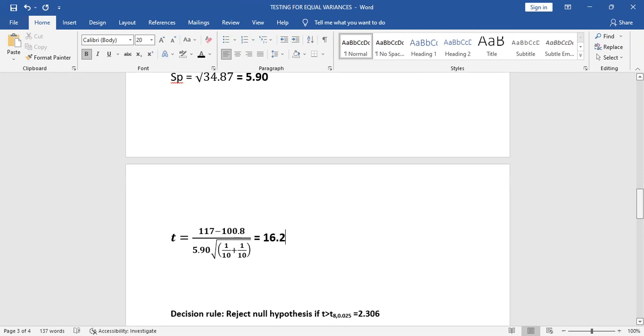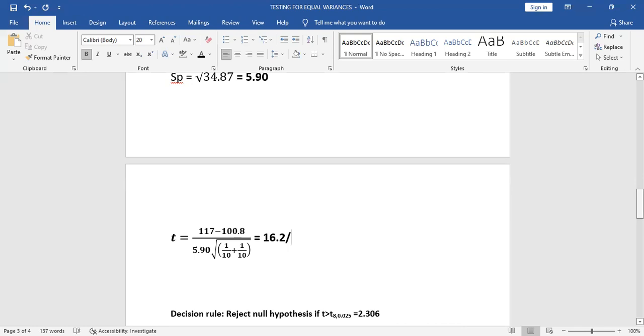So now I'll say 1 divided by 10, open brackets, 1 divided by 10, close brackets, plus 1 divided by 10, the bottom part. I have 0.2, and then I'll square root the 0.2.